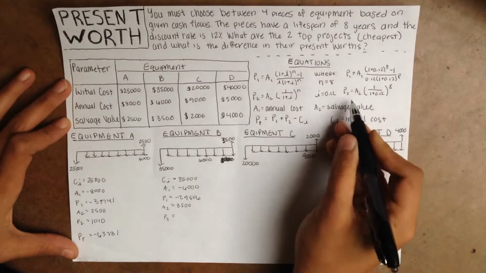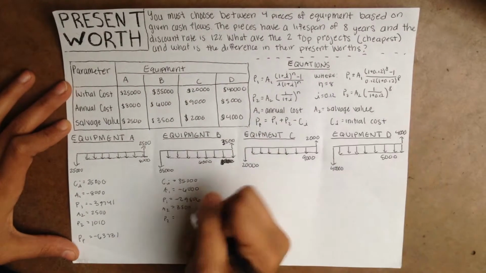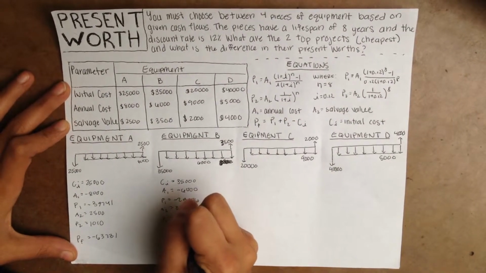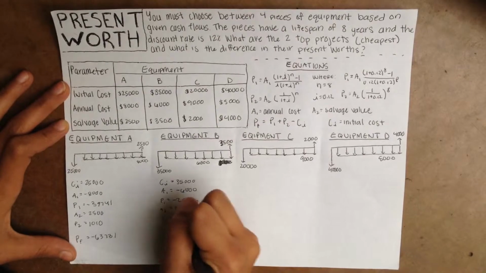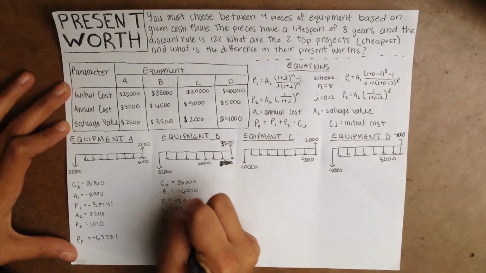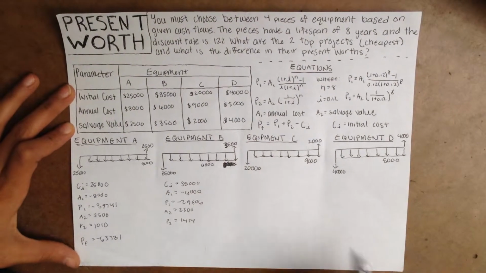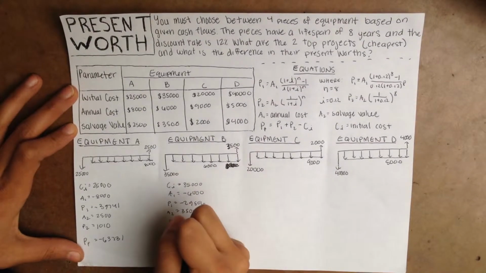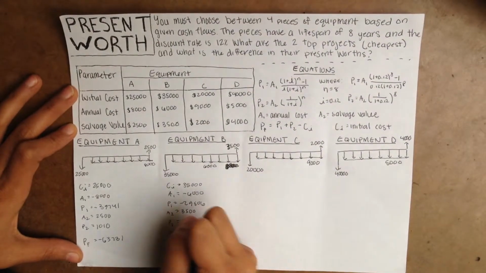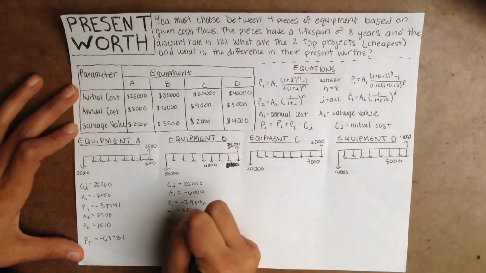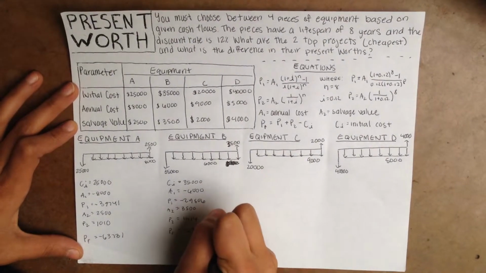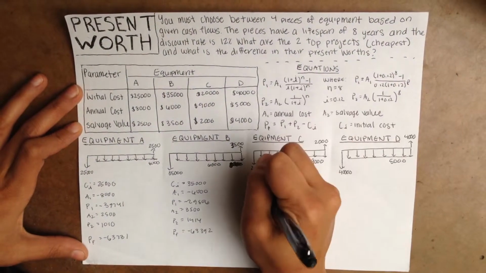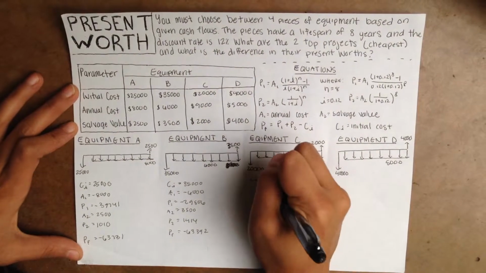Plugging A2 into this equation, P2 is $1,414. Now, solving for the final present value, we get negative $63,392.